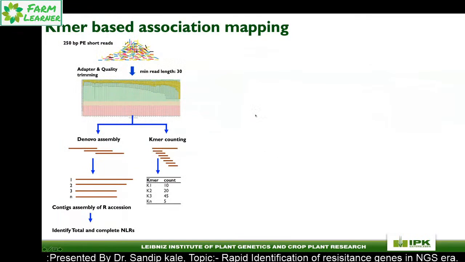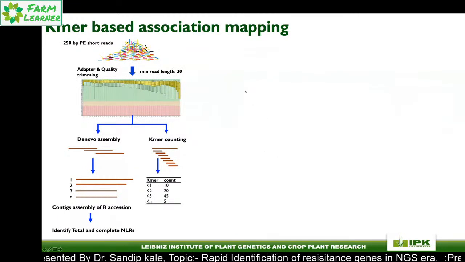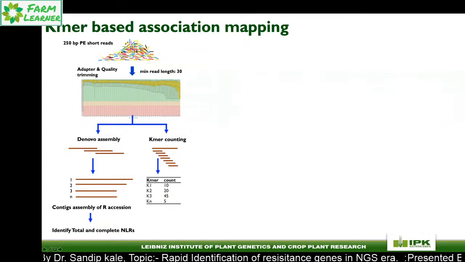Once you do the sequencing, you will get short reads because we used Illumina. The maximum read length was 250 base pairs, so we did paired-end sequencing, and the maximum fragment we can sequence is 500 base pairs in length. Again, you have to remove the adapters and do the quality trimming.